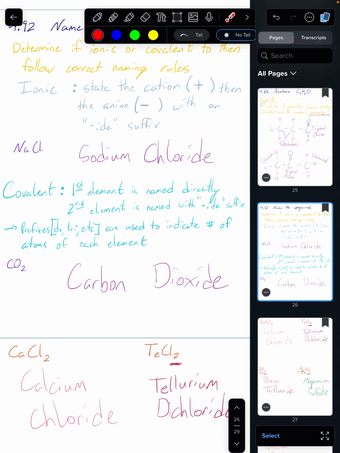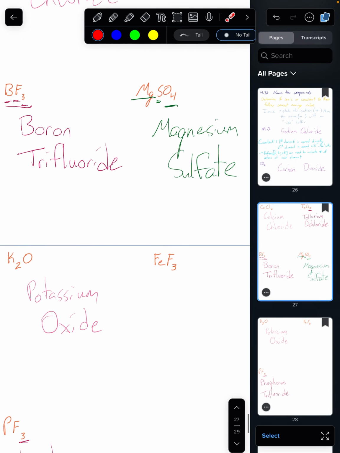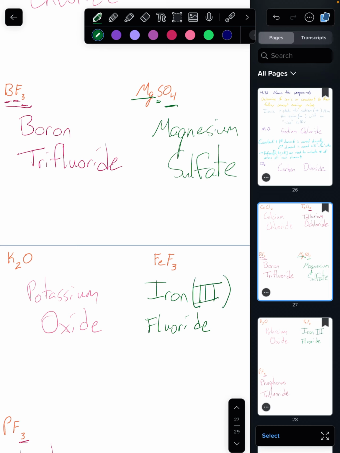But it's also a concept with the ionic. It's one of those other kinds that you really have to sort of memorize because it's written weird. So you would write the iron and you have fluoride. However, with the way it's written in actual chemistry, it has a 3 within it.